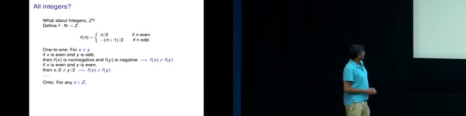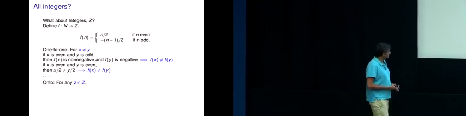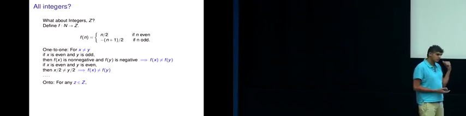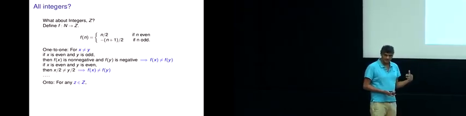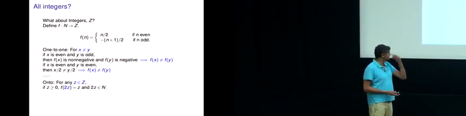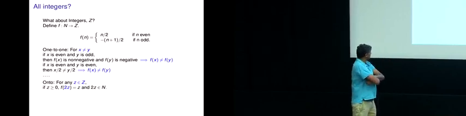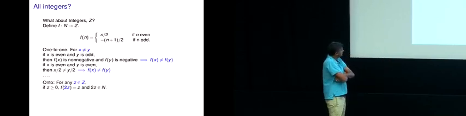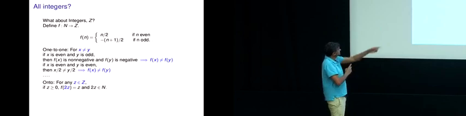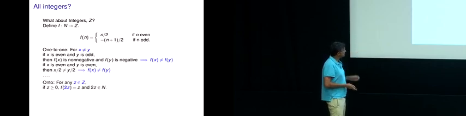Okay, so for any z in Z, you want to say it has a preimage. It's onto the integers. If z is greater than or equal to 0, f of 2z equals z. That's just what we're doing up here. And 2z is a natural number, and it is mapped to this number.